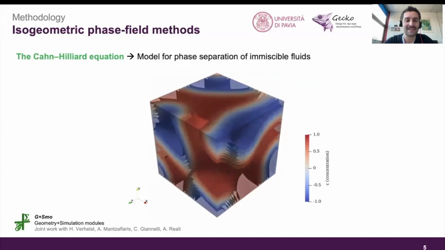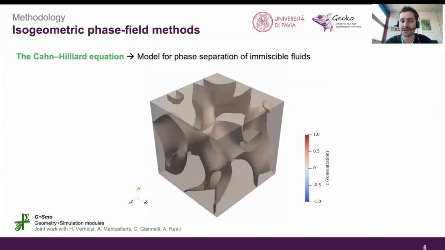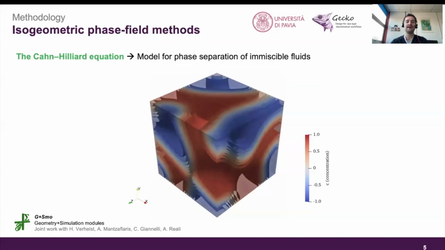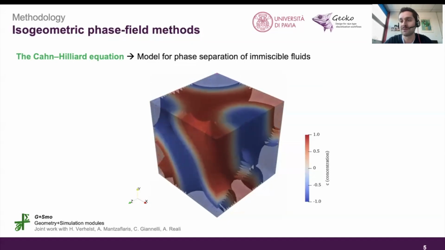And with this, we will move to some more fun images. This is one of my first results of the project, and it comes from the first steps of my research, which involved the implementation of this equation in the Gizmo library together with some collaborators.